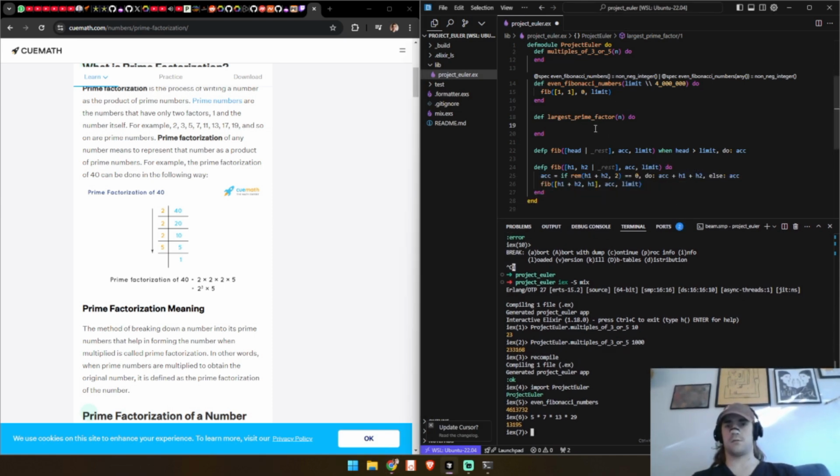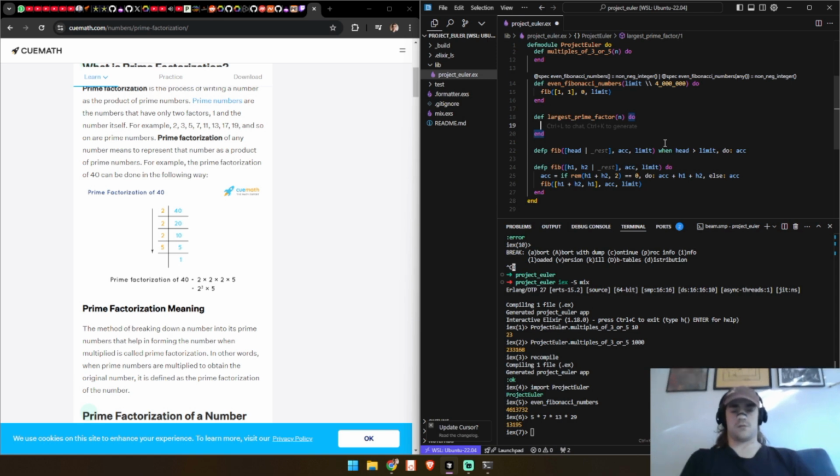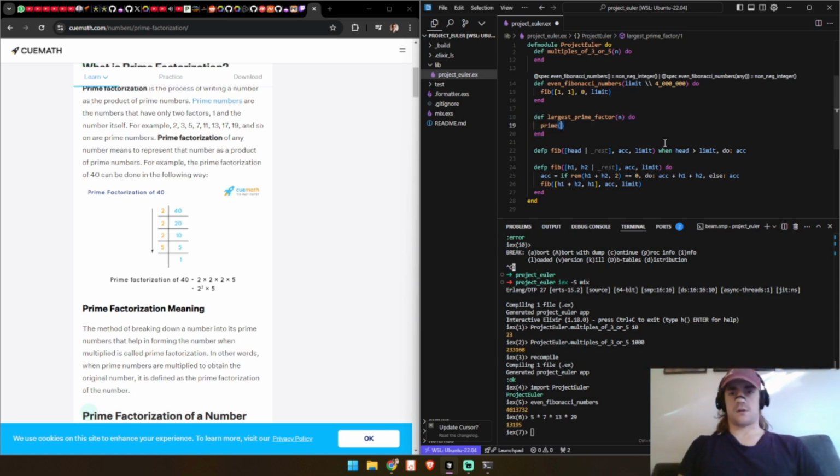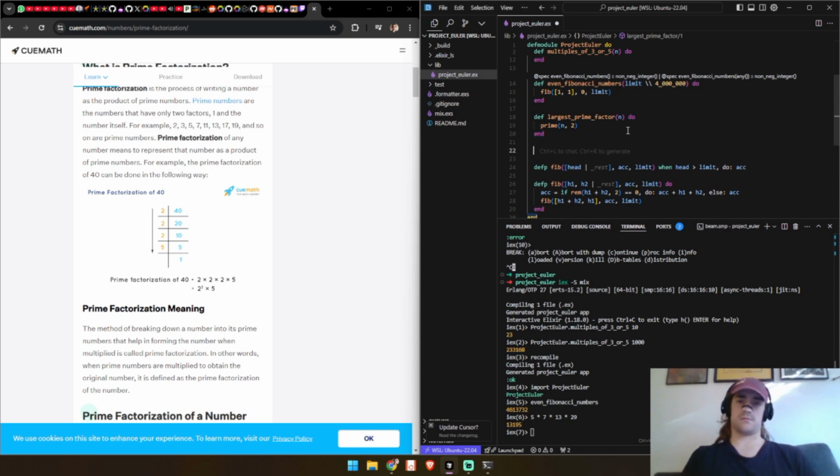So we can have something like a prime function, which will be a recursive function, and it will have the number we're dividing, and it will have the first prime number to try to divide it by.